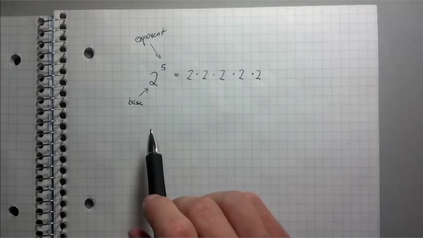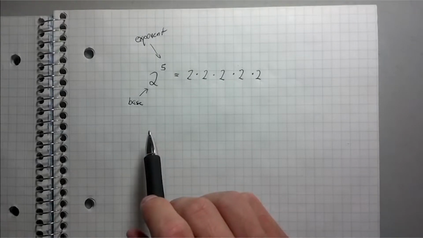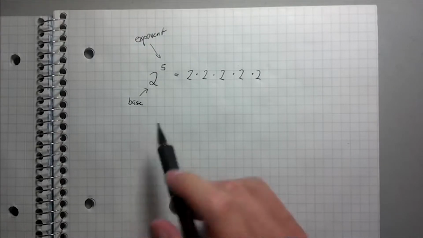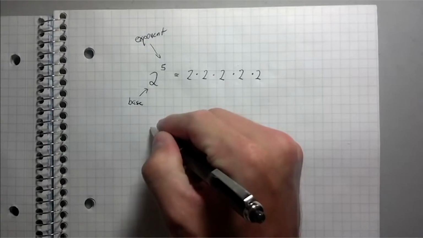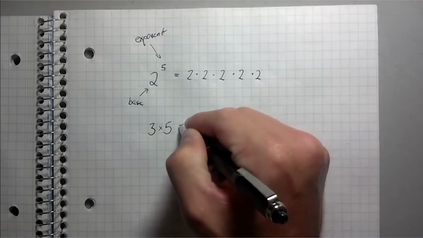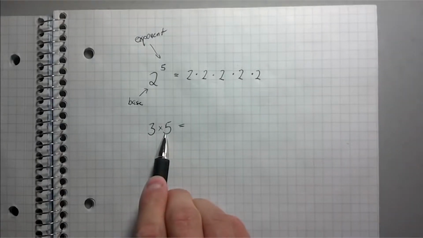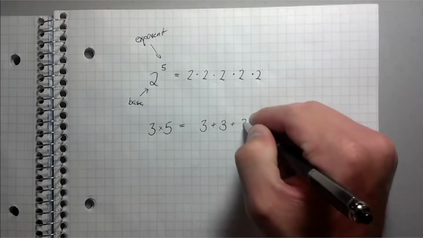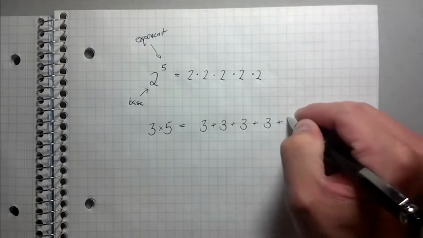So now, how can you remember this? There's a very nice analogy here between exponents and multiplication. Think about this for a second. What if I had something like 3 times 5? Doesn't 3 times 5 mean 3 plus 3 plus 3 plus 3 plus 3?